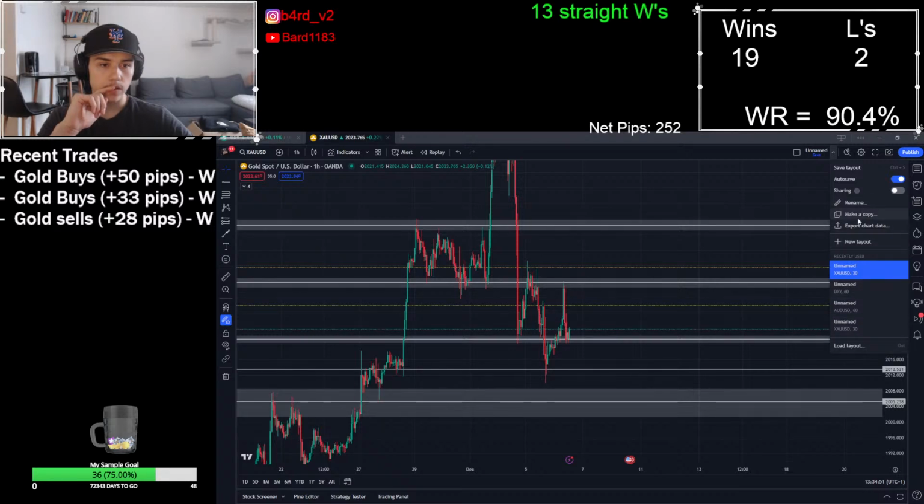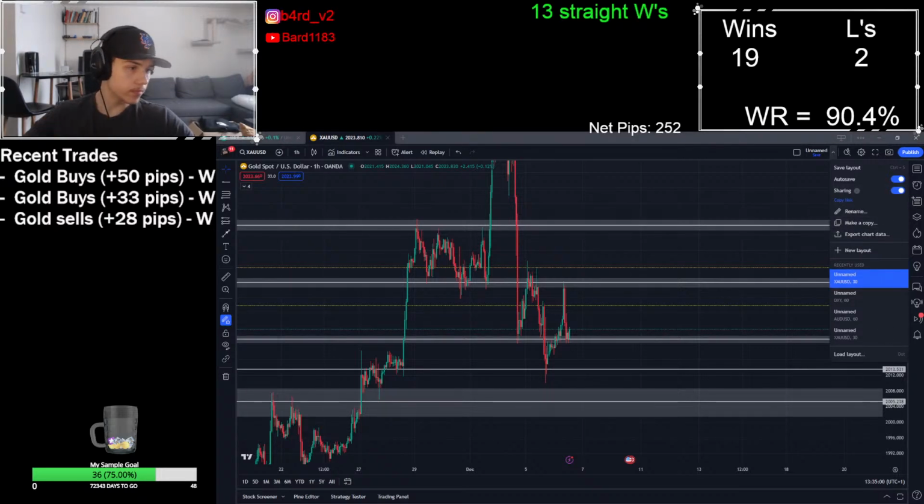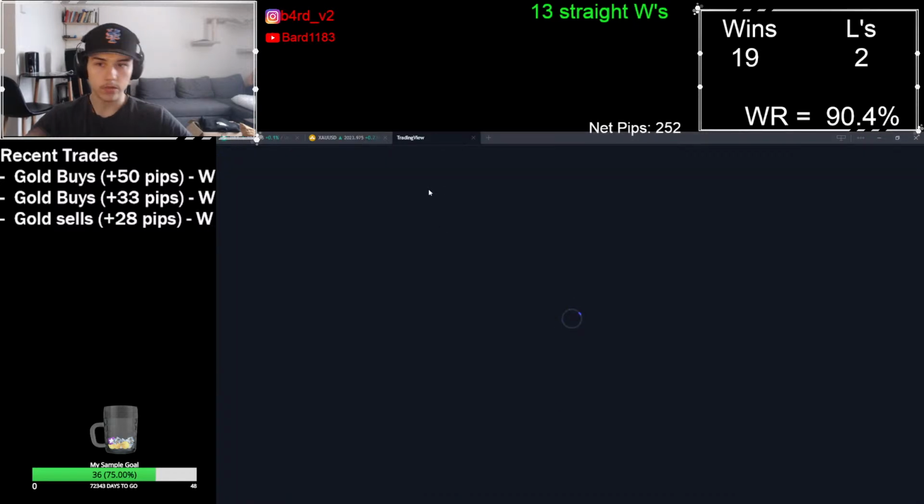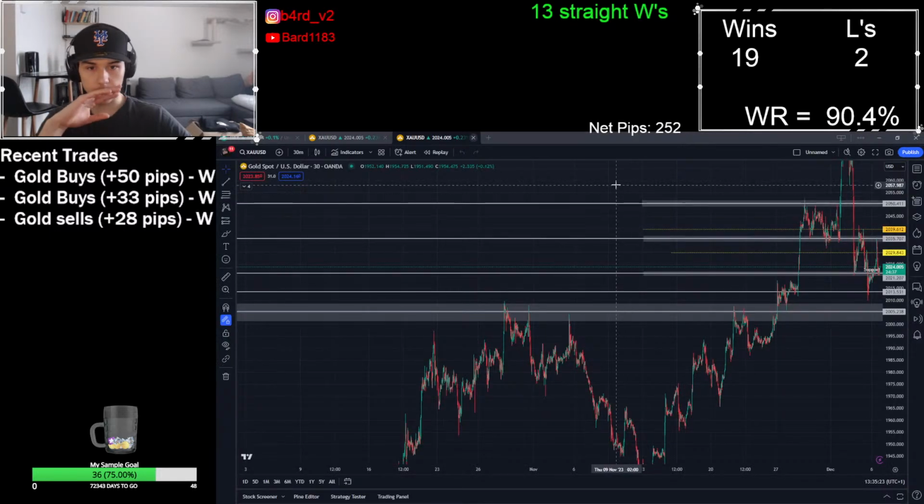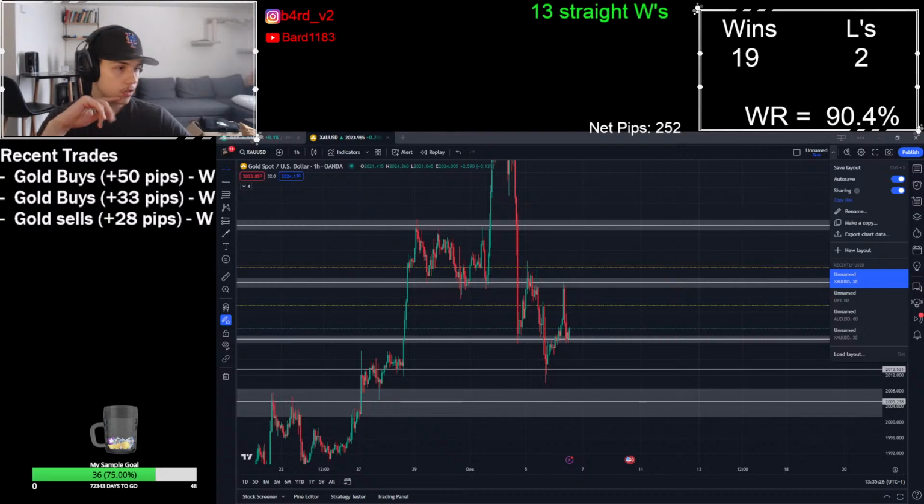Little layout. All right. You should have my chart now, right? Yeah, there you go. If you press the link in the charts channel on the Discord server, you should have my chart, so you can follow exactly.